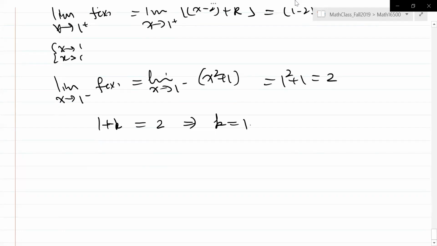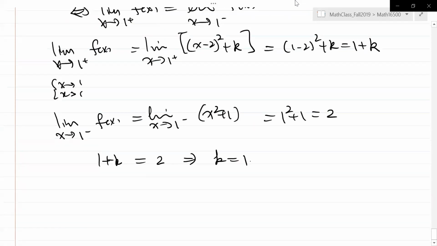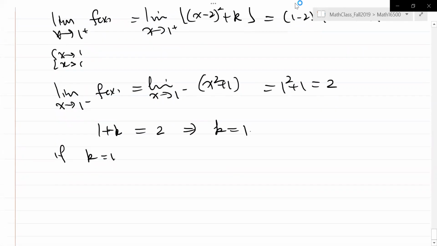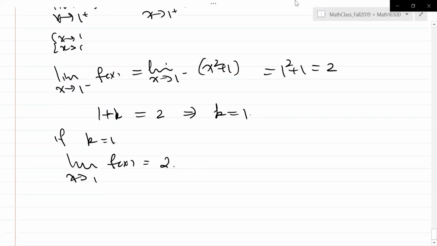Okay, so k is equal to what? If k equals 1, the limit of this function is going to be 2.